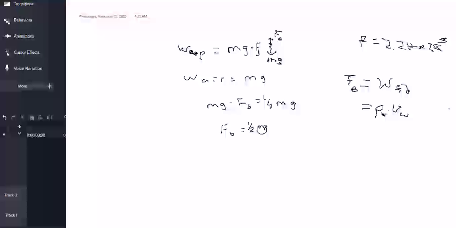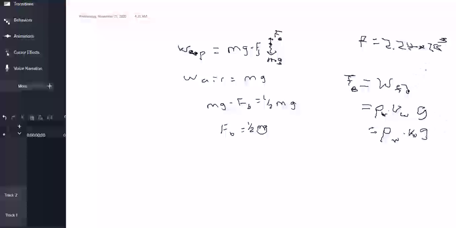The volume that'll be displaced is the same as the total volume of our object. So the buoyant force will be the density of the water, rho, times the volume of the water, times g.